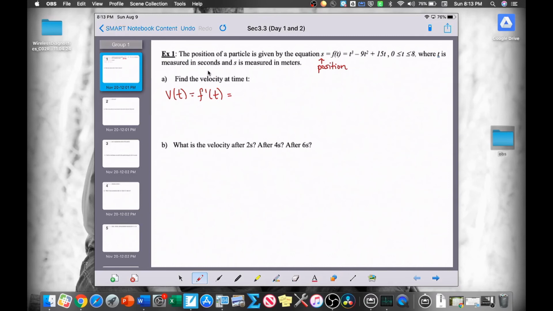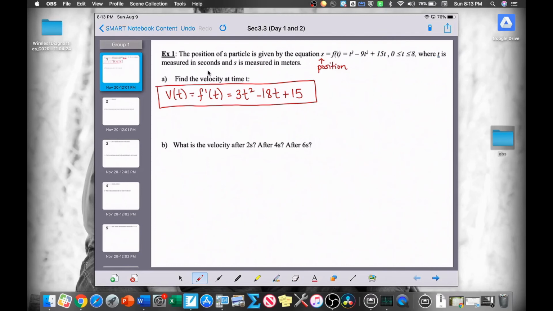The derivative of t cubed is going to be 3t squared. The derivative of negative 9t squared, bring down the 2. Negative 9 times 2 is negative 18, and that becomes t to the first. And the derivative of 15t is 15. So right here, v of t is equal to 3t squared minus 18t plus 15.